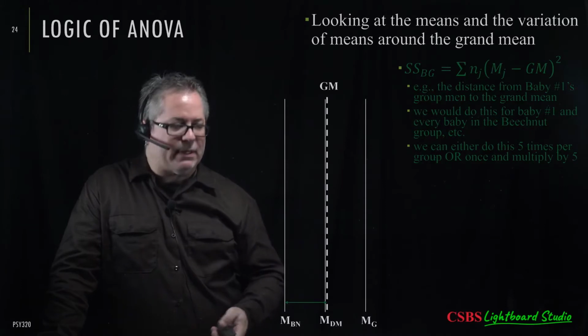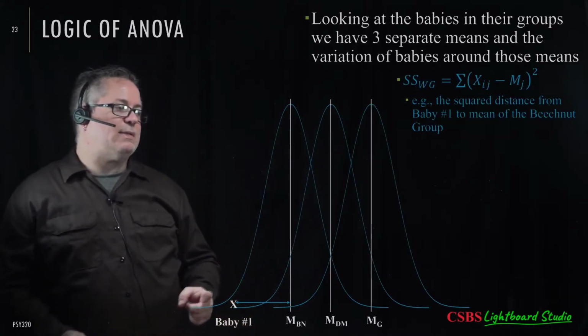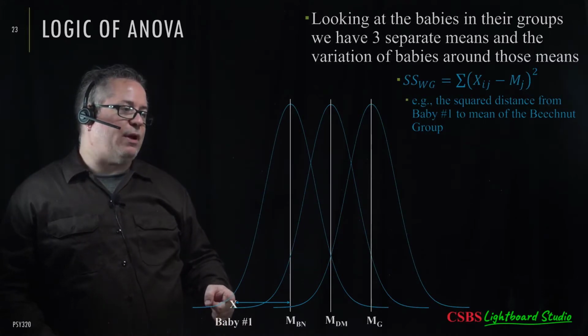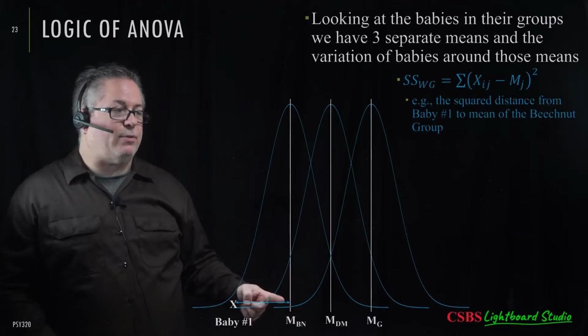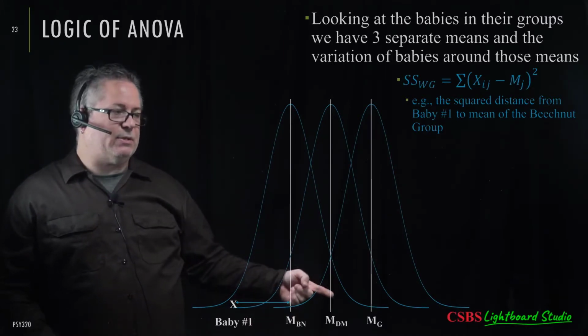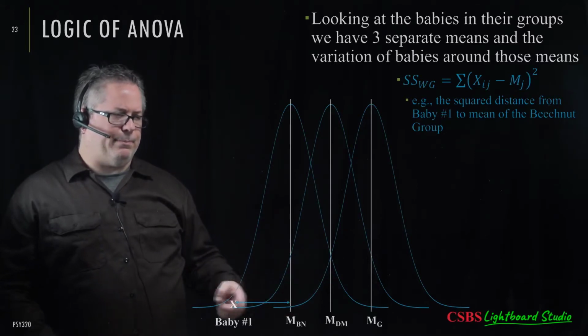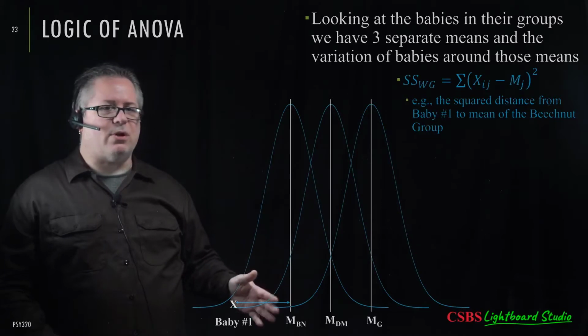What I can't explain is the within groups variability. So why is baby number 1 different than other babies in the Beech-Nut group? That I don't know. I know why the mean of the group is over here, because maybe Beech-Nut is not liked as much as Del Monte or Gerber, but I don't know why baby number 1 and baby number 2, number 3, number 4, I don't know why their means are not closer together.